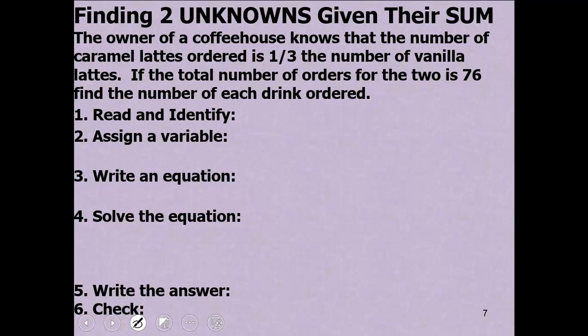If the total number of orders for the two is 76, find the number of each drink ordered. She wants to know how many of each have been ordered. Go ahead, hit pause, and come back and check your work.